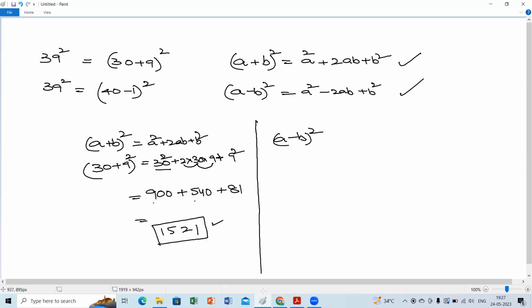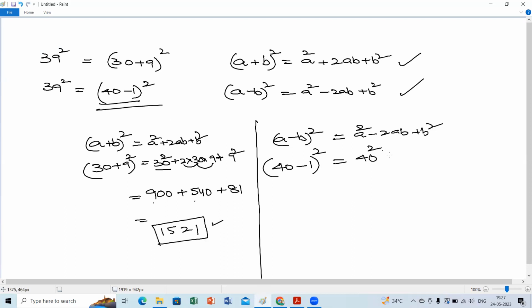This is the first way. If you use the second identity, A square minus 2AB plus B square, here A value is 40 and B value is 1. So 40 minus 1 whole square is 40 square minus 2 into 40 into 1 plus 1 square. 40 square is 1600. 2 times 40 is 80.